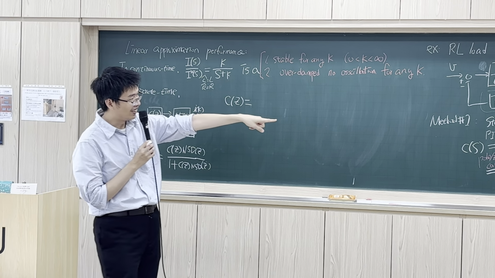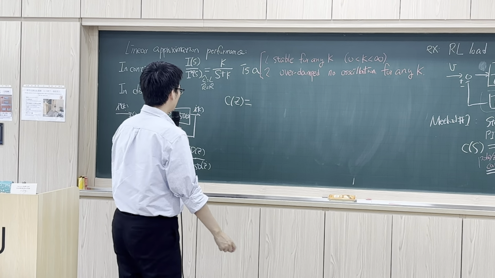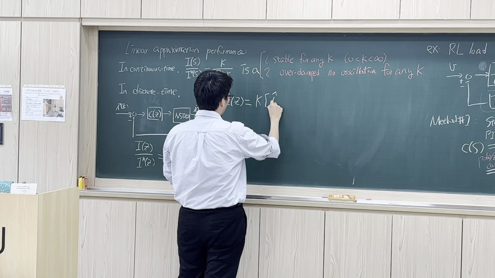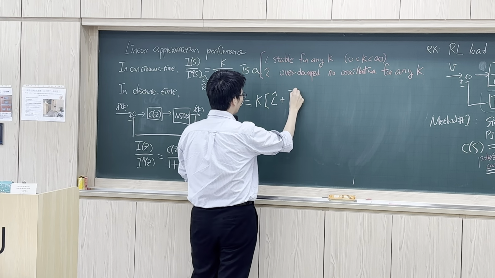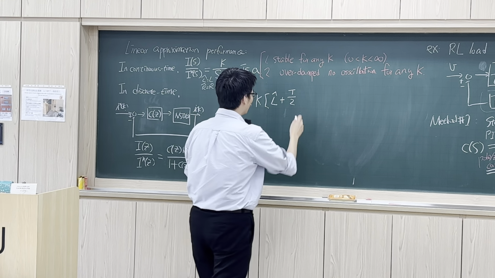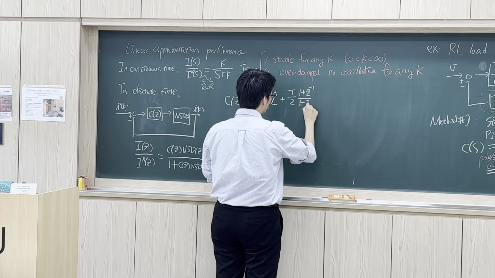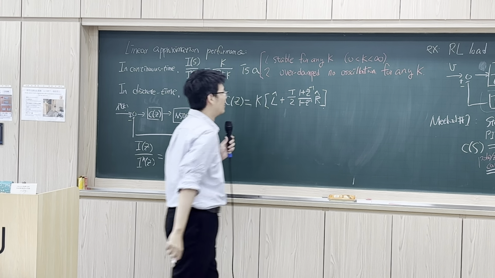Over there, based on the bilinear transformation, it is equal to K times (L plus T over 2 R) with (1 plus Z minus 1) over (1 minus Z minus 1).